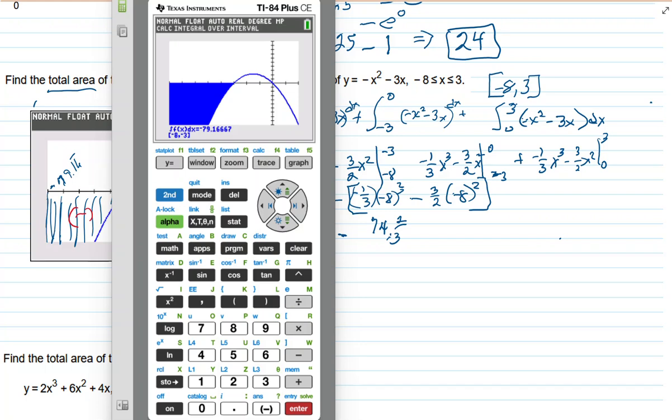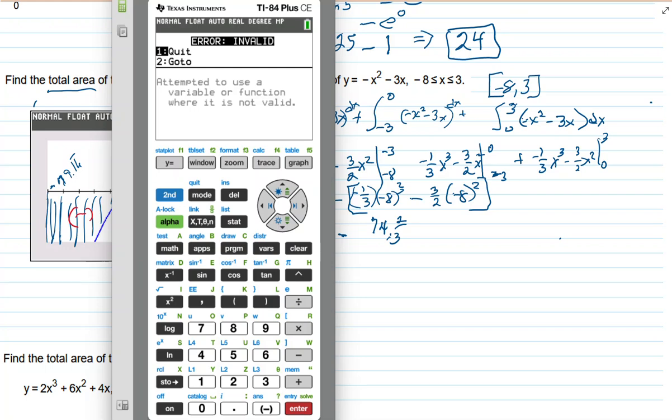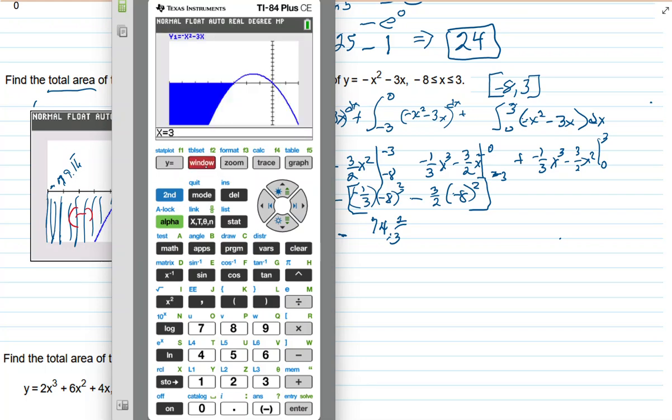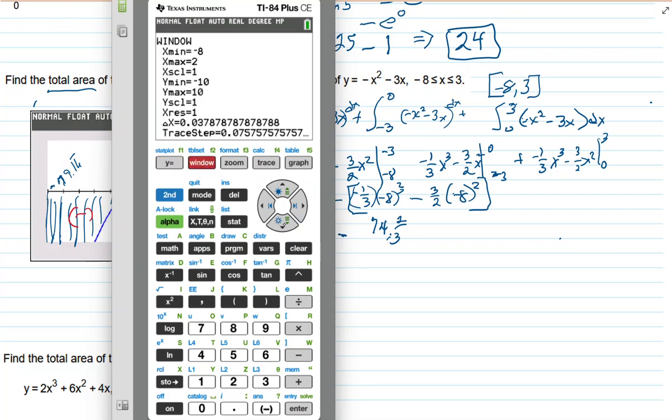So what I want to do next is second calc 7, and I want to do 0 to 3. It still says it's invalid. Let me look at my window. Maybe my window's wrong. Oh, I have it on 2.